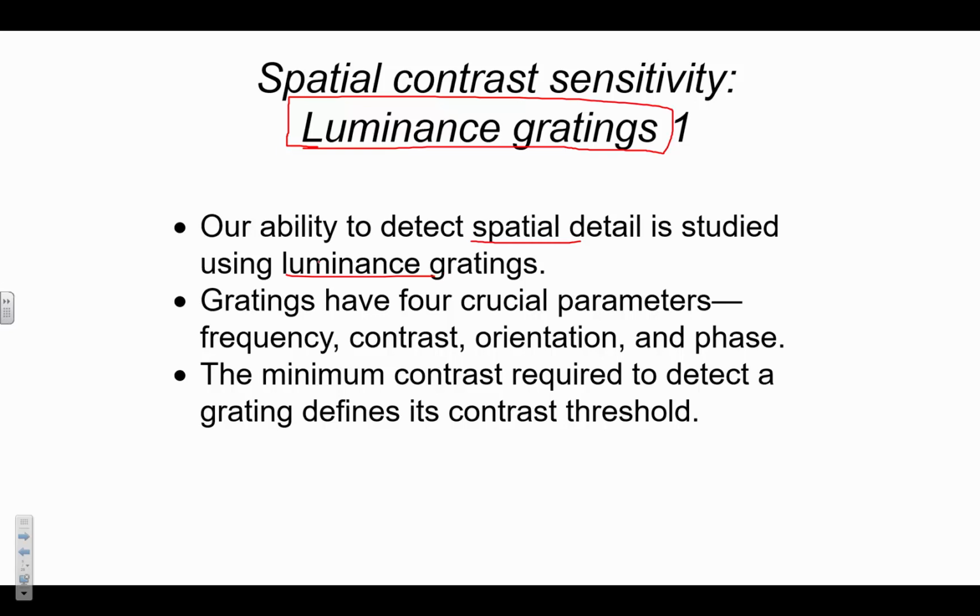But with a luminance grating, we have super control on this, right? And we can control 4 things, okay? The first is frequency. We've talked about frequency before, right? Who remembers when we did that? We were talking about sound and light waves. And what were we measuring there?